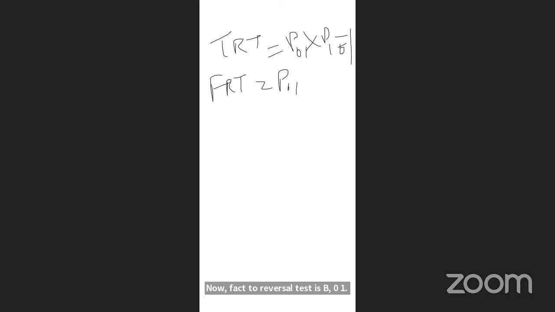Time reversal test is changing the time, so 0 time will be changed as 1 and 1 is changed as 0. Now factor reversal test: P01 into Q01 is equal to V01.